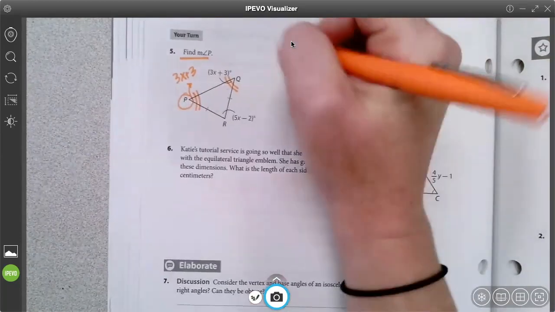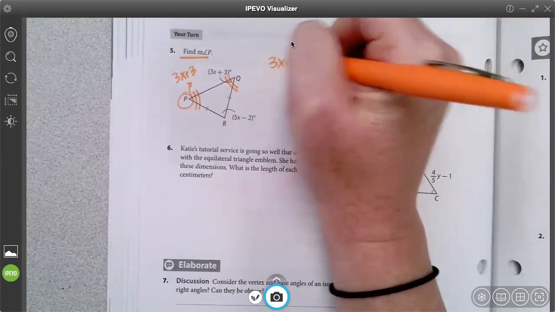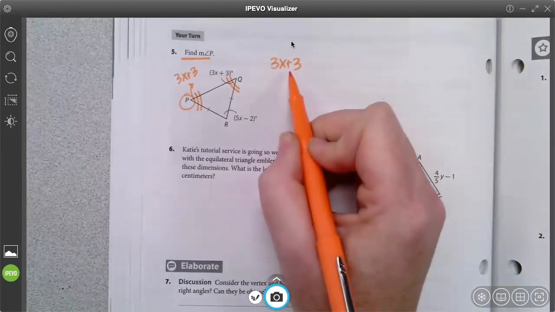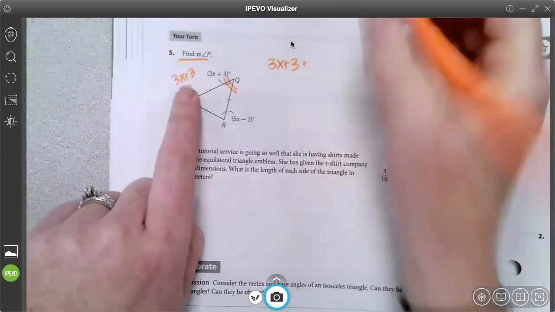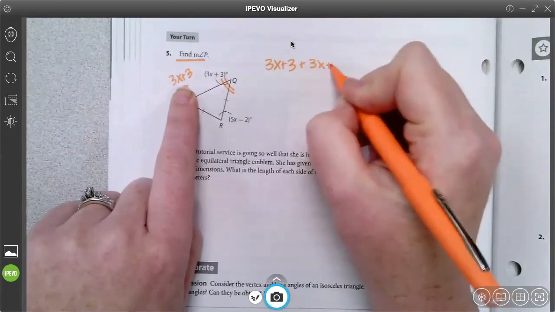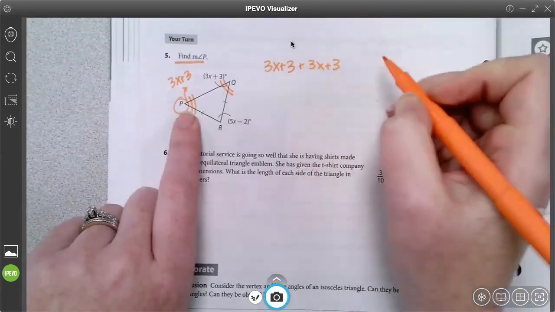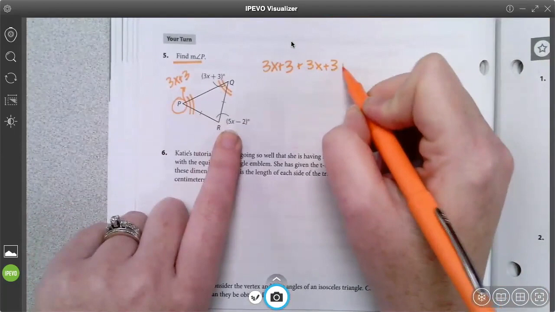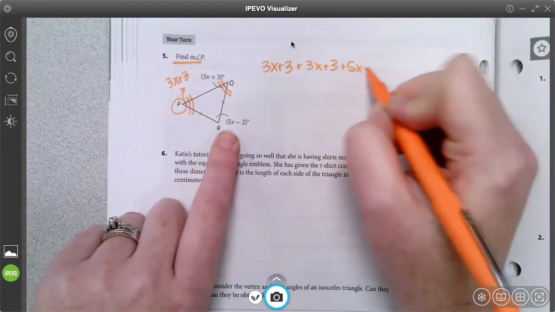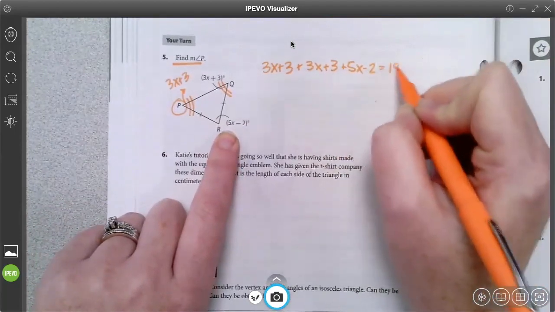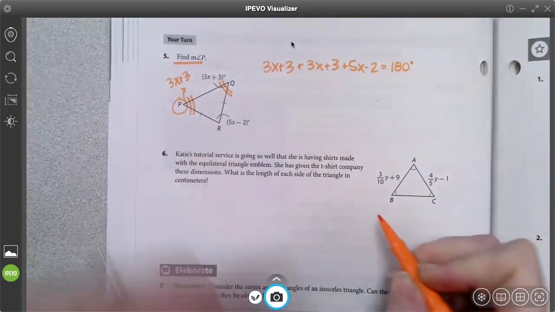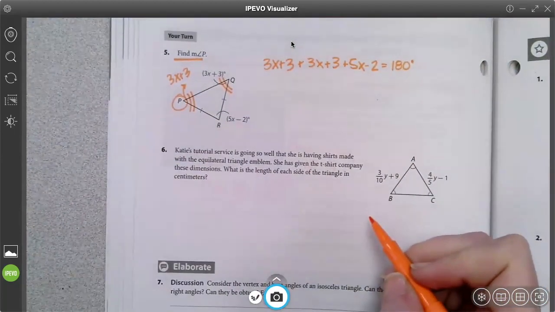Now we can use our triangle sum theorem once again. We're going to add up angle Q plus angle P, 3x plus 3, plus angle R, and all of that equals 180 degrees, because every triangle has 180 degrees inside.